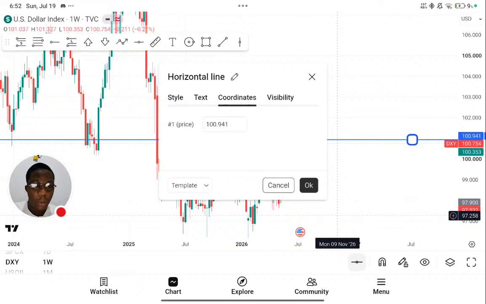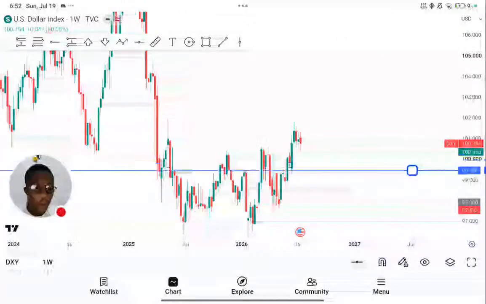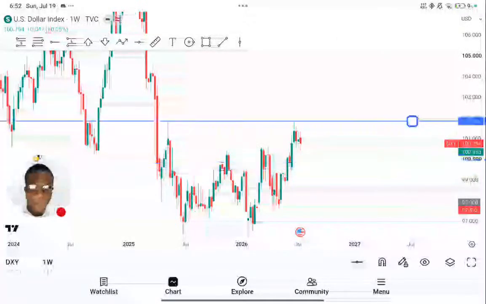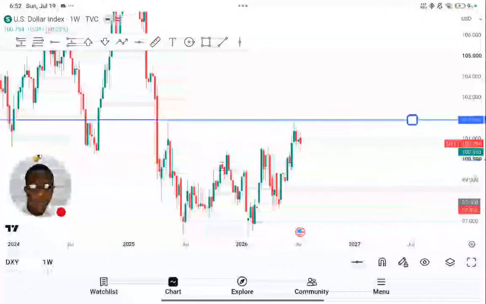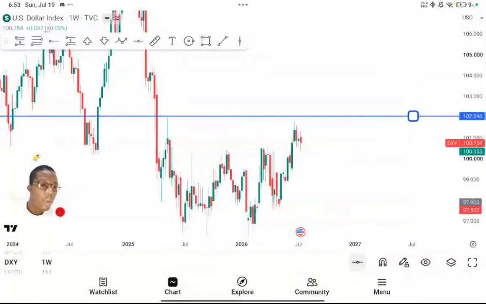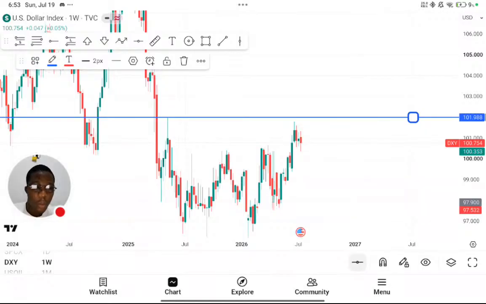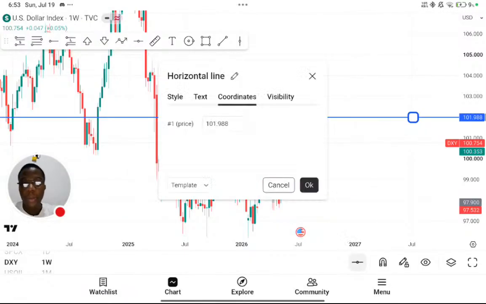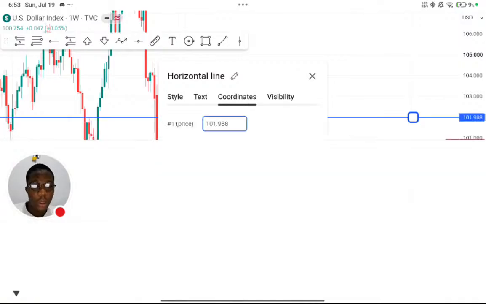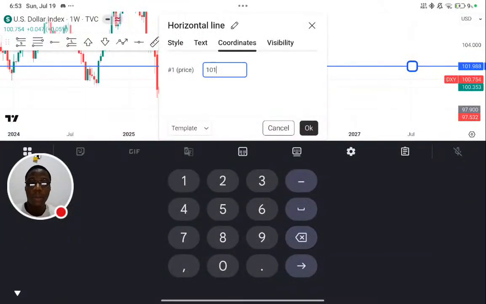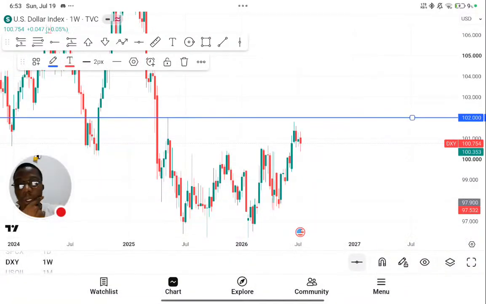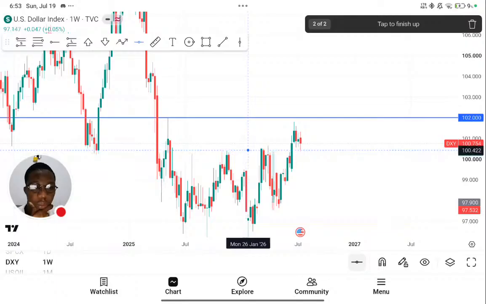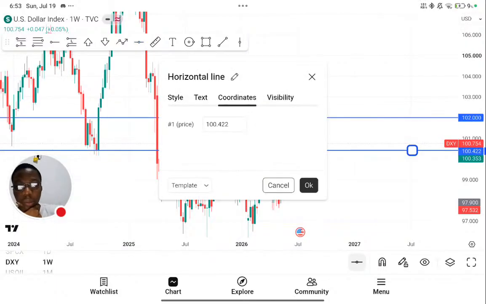So I consider price is around the level of 101, 102 basically, which is the resistance. Then 101.